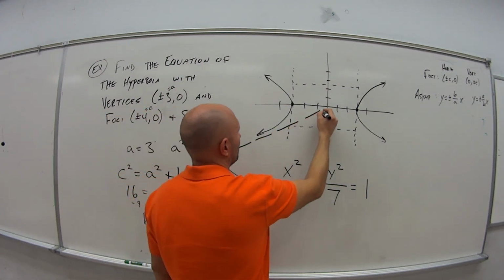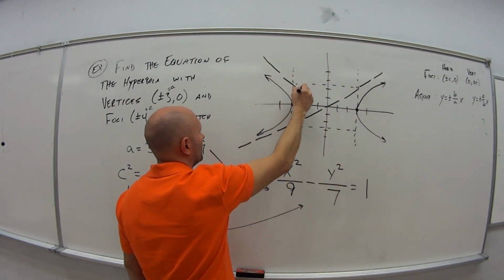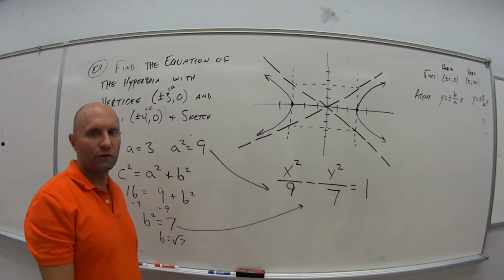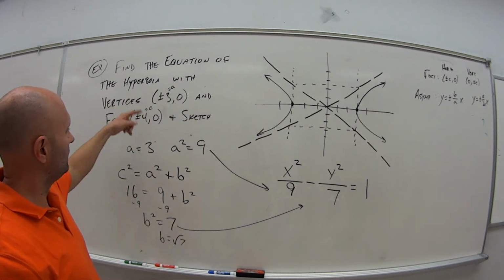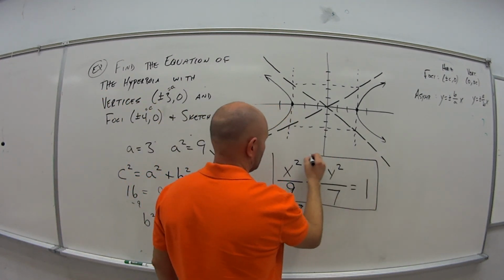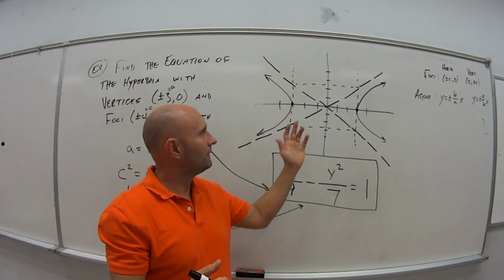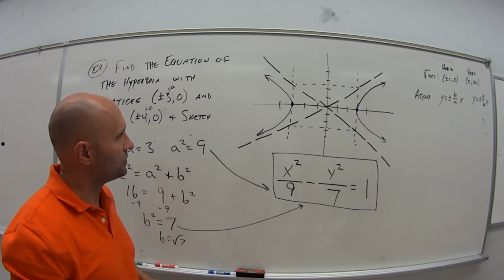Our asymptotes go through the origin, because that's the center of this hyperbola, which gives me a picture that looks similar to that. So that's what we needed: the equation, which we have here, and then the sketch, which is a horizontal hyperbola with the asymptotes we generated from that central box using our information from a and b.